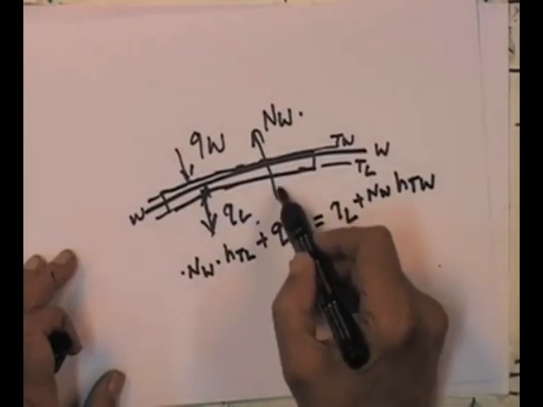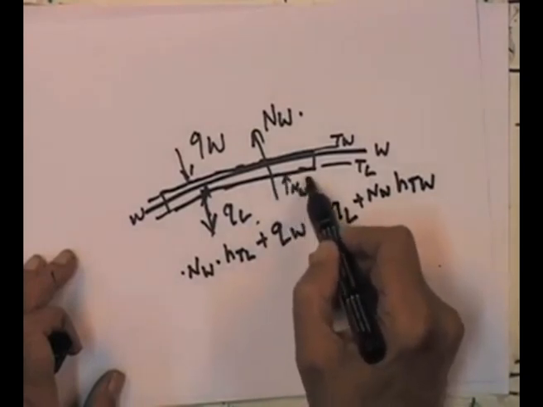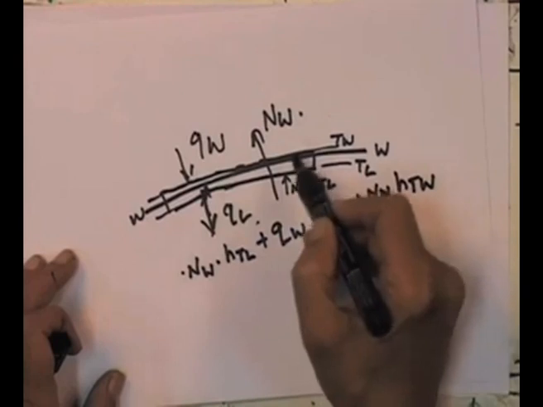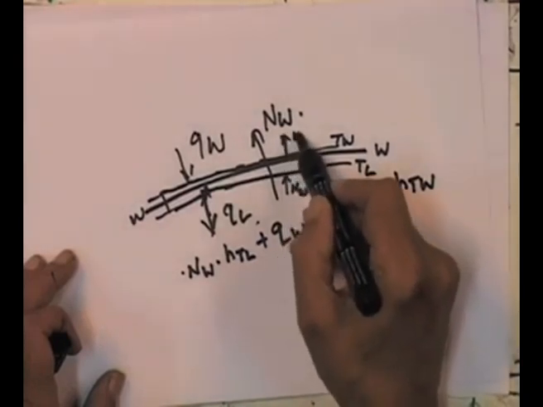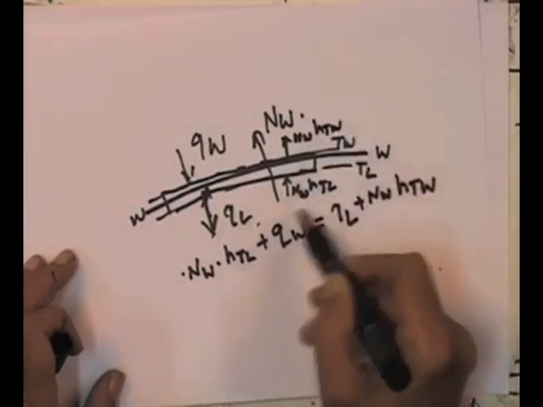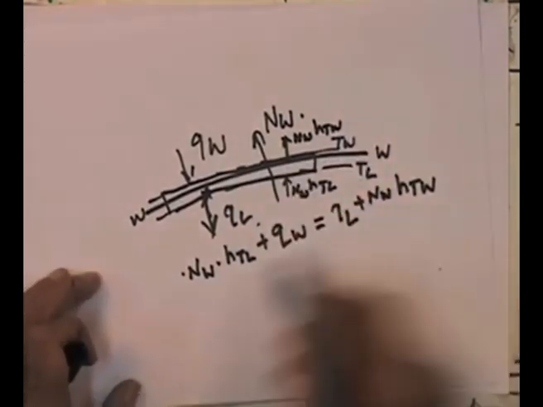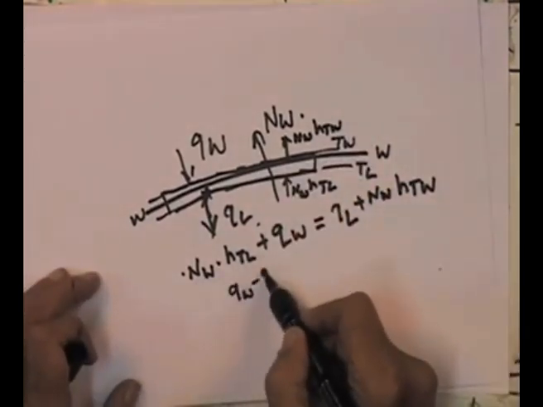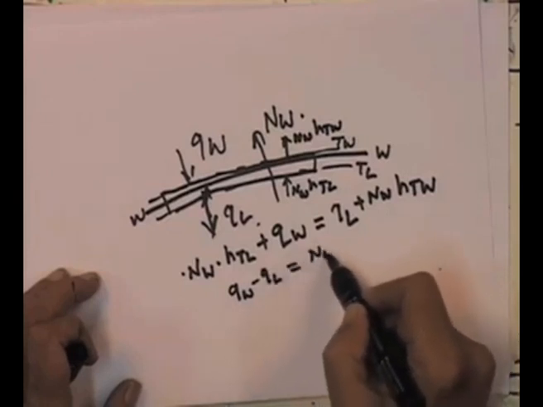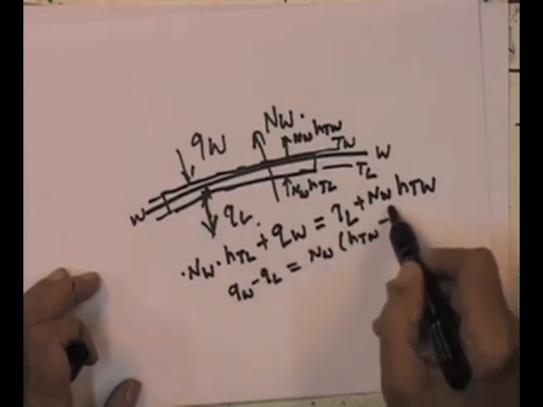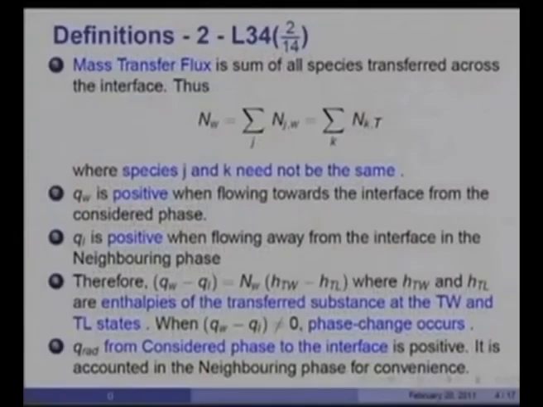So, NW times HTL comes in, and what is going out is NW times HTW. That is what we mean. And therefore, you will see that QW minus QL would be equal to NW into HTW minus HTL, where HTW and HTL are enthalpies of the transferred substance at the TW and TL state.